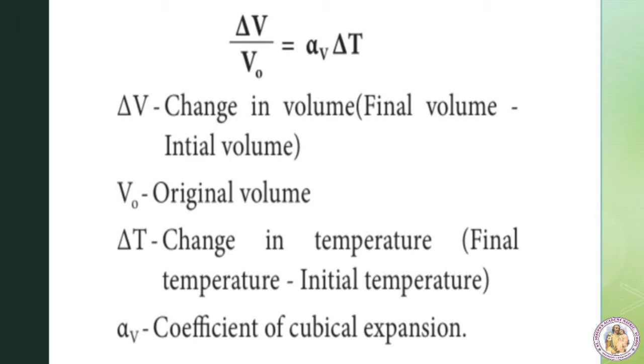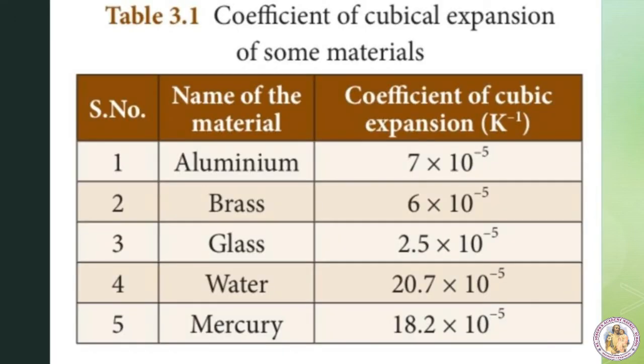Different materials possess different coefficients of cubical expansion. The coefficients for some common materials are given in the table. Here are the name of the material and its coefficient of cubical expansion in Kelvin minus 1. For aluminium, 7 into 10 to the power minus 5.